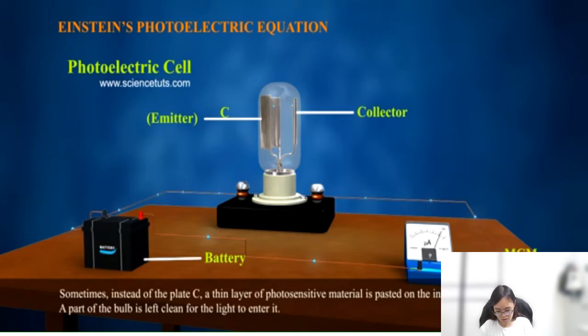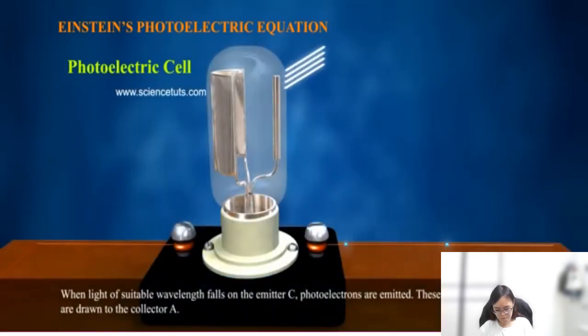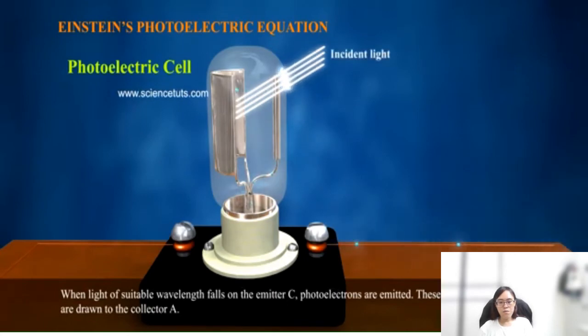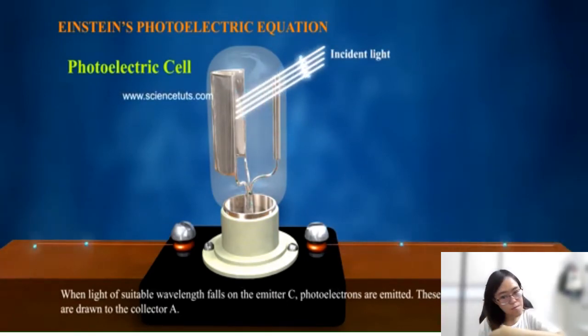Sometimes, instead of the plate C, a thin layer of photosensitive material is pasted on the inside of the bulb. A part of the bulb is left clean for the light to enter it. When light of suitable wavelength falls on the emitter C, photoelectrons are emitted.